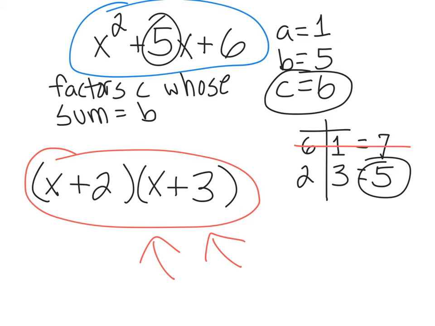So let's review the steps. The best way to do steps is to actually try it out in a problem. I'm going to pull up another one here. Here's one: x squared minus 5x minus 14.